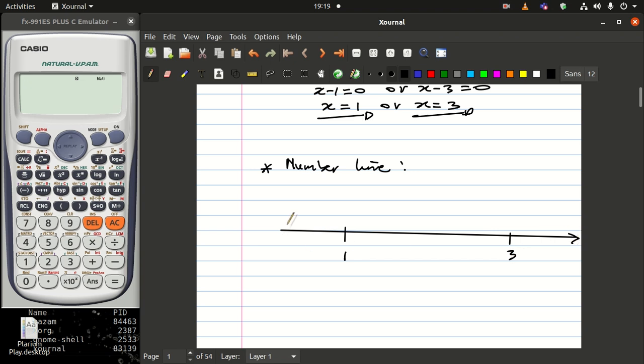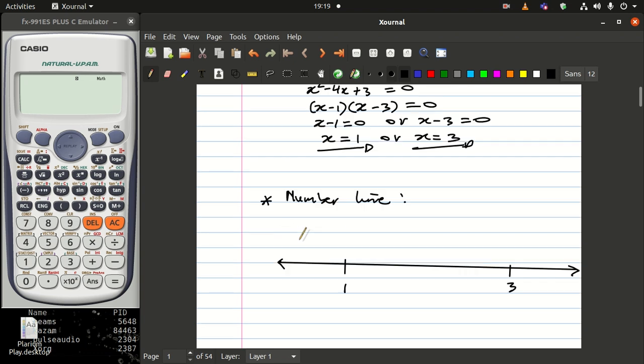The next thing we wanted to find out is this: because this function is defined everywhere, on this number line we want to find when it is bigger than 0 and when it is less than 0. We don't really care much when the function is equal to 0, because we already know that it's going to be here.